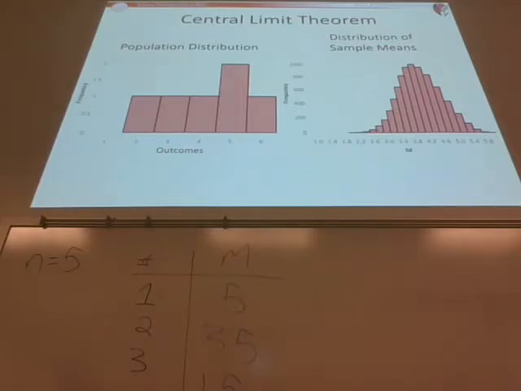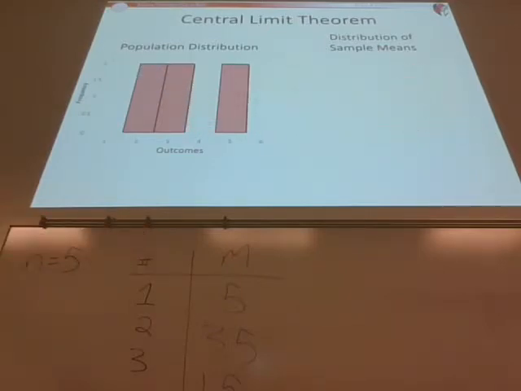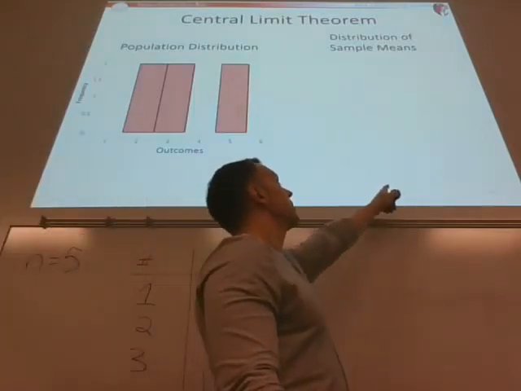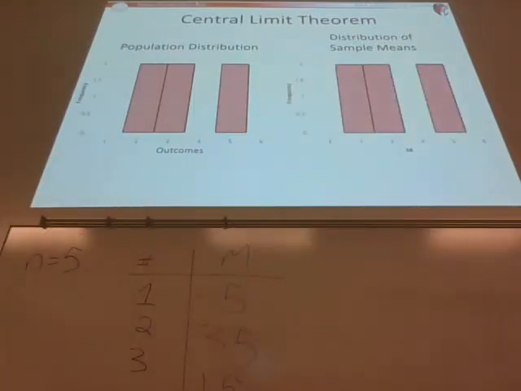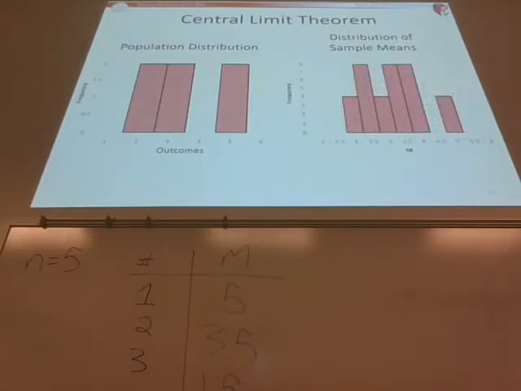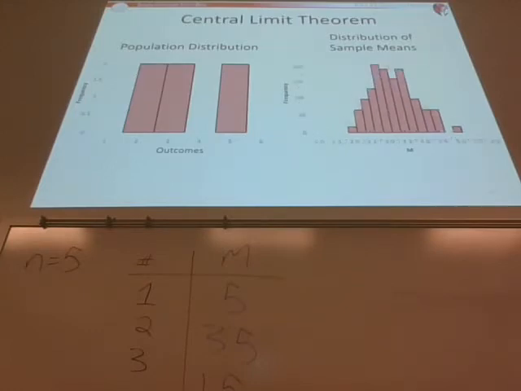It's already looking normal. What about this distribution over here, where there are large portions of the population that don't score in that particular score? Distribution of sample means, sample size of 1, looks exactly like the population, no help there. Then the distribution of sample means for a sample size of 2, 3, 4, 5.